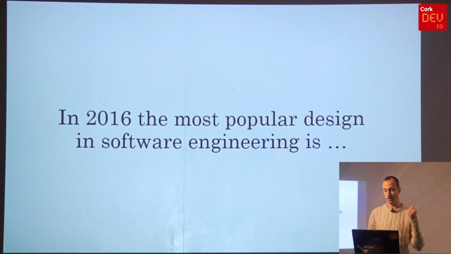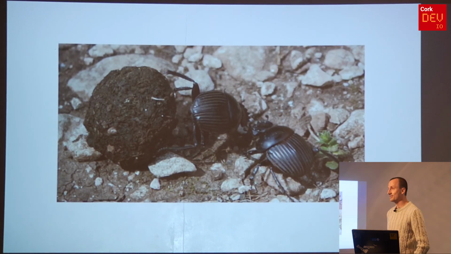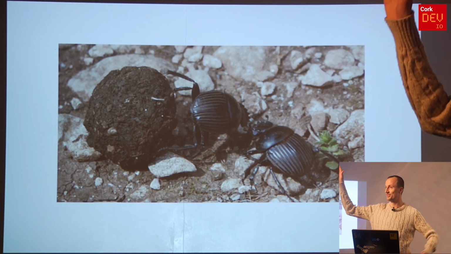But I'll put it to you that in 2016, we've been building software for probably 40 or 50 years, and the most common software design pattern out there on greenfield projects is the big ball of mud. So hands up if you've worked with a big ball of mud in the last 5 years.